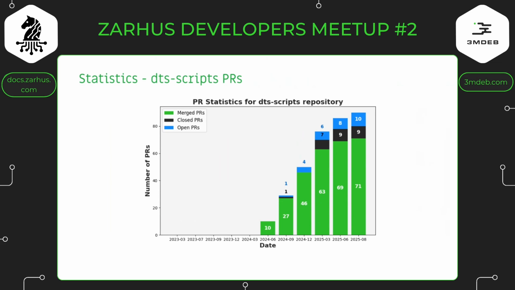So we can see here the separation I mentioned before. Originally, those DTS scripts were part of MetaDTS, but we decided that those should be in a separate repository. So we created one around June 2024, as you can see. Since then, there has been rapid development in this repository, and most of the actual development of DTS happens here in the scripts.